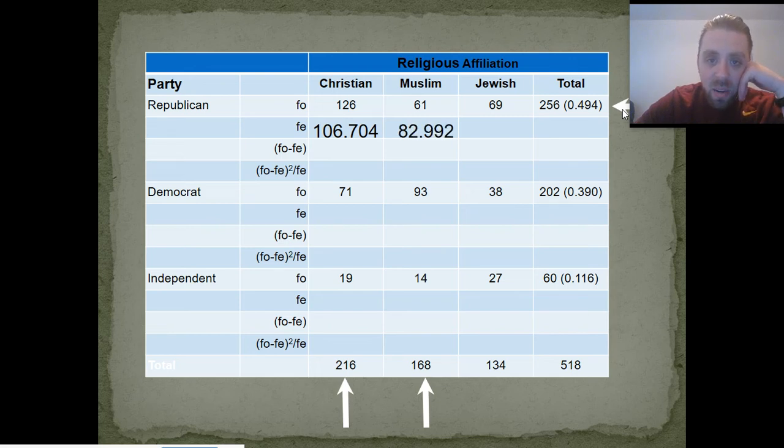And doing that will give me an expected frequency of Muslim Republicans of 82.992. I think you see where this is going. What do I do with the Jewish column? Well, take 0.494 and multiply it by 134, and that will give me 66.196.